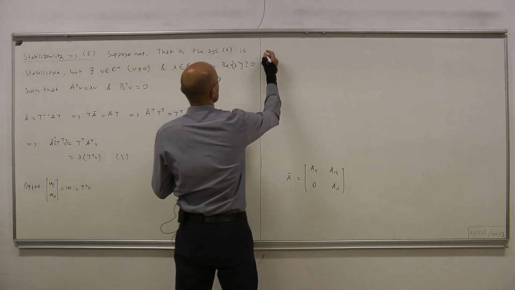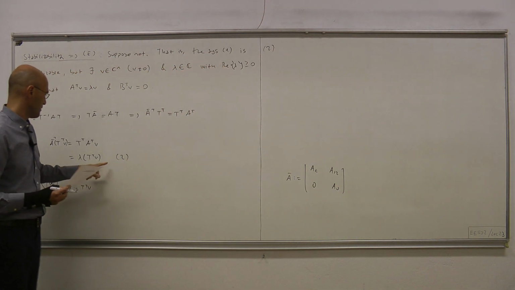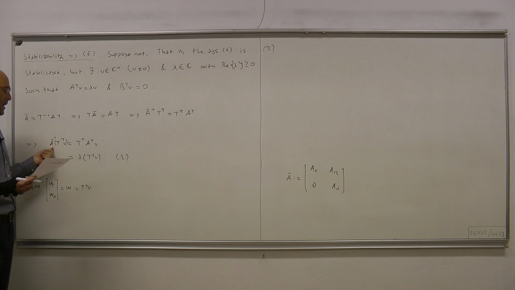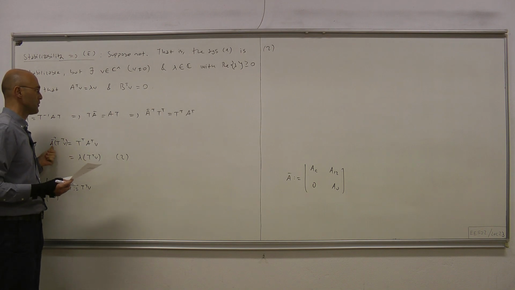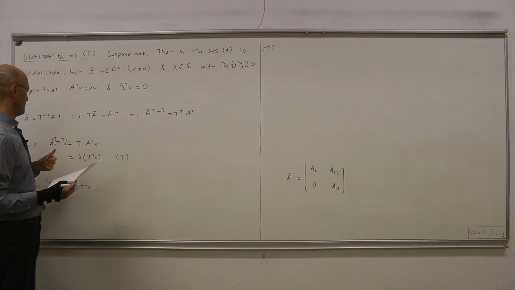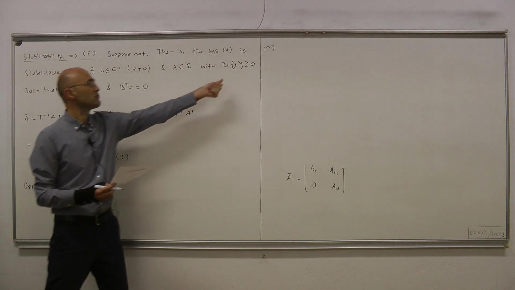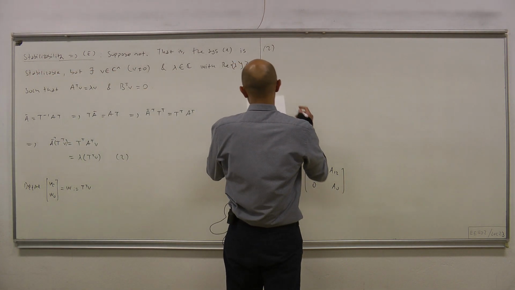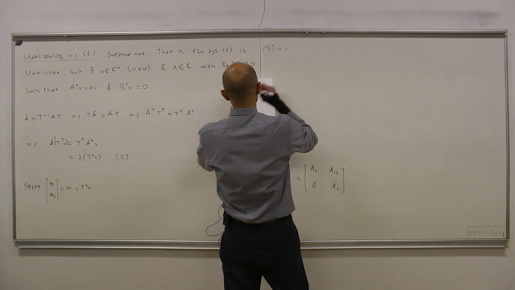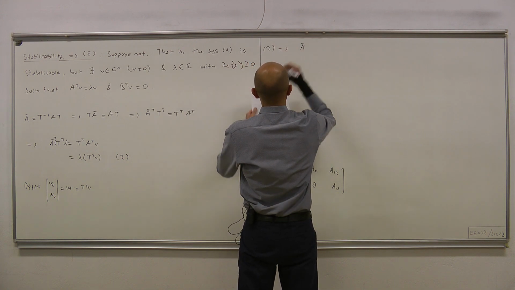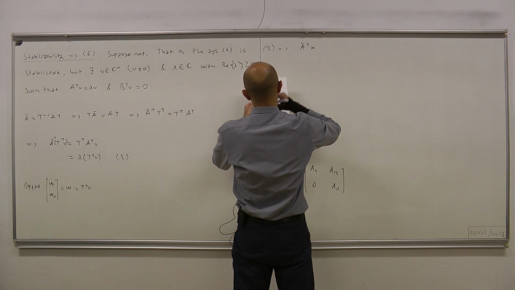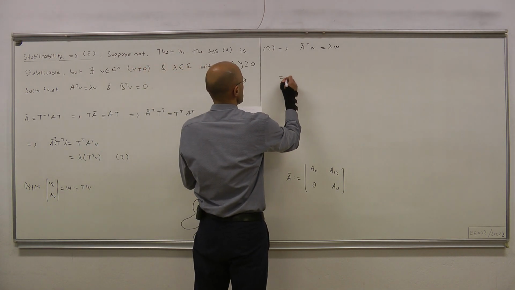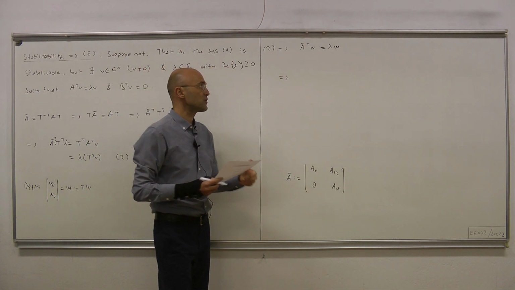Starting from equation 2, which says that W is an eigenvector of A bar transpose, and the corresponding eigenvalue satisfies this: its real part is 0 or positive. Now from 2 we can write the following: A bar transpose W equals lambda W. Let's write A bar transpose as this matrix transposed.